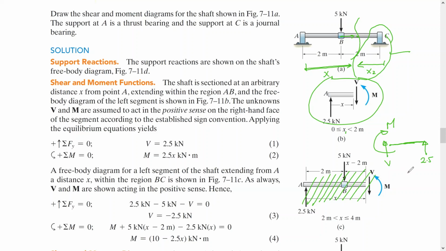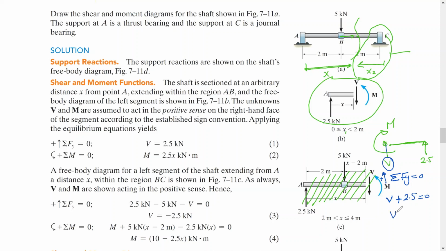Here, the summation of Fy equals 0, assuming positive upward. So V here is positive, upward, plus 2.5 equals 0.